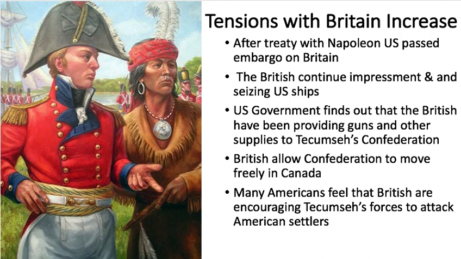And they've also been allowing them to move freely throughout Canada, so that way they can organize better and prepare to attack the American settlers. They feel that basically the British are empowering Tecumseh's army to attack its settlers.